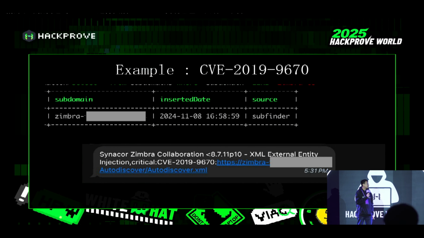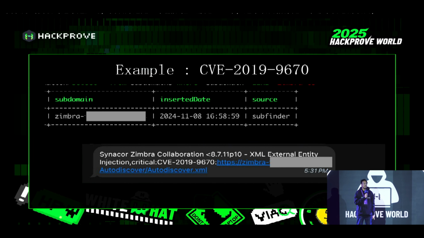It had a CVE from 2019. When I received this notification, I thought it was a false positive because it was 2024, and this was a really old program with 10 million in bounties already paid. So I thought maybe this is a false positive.